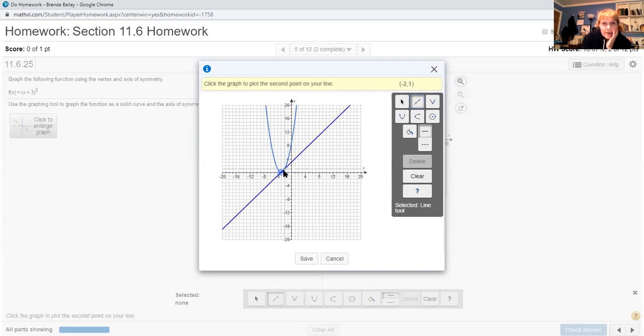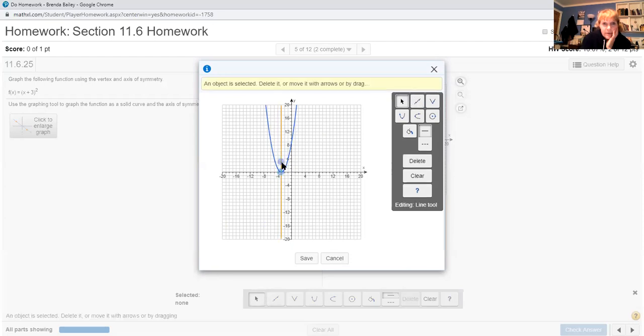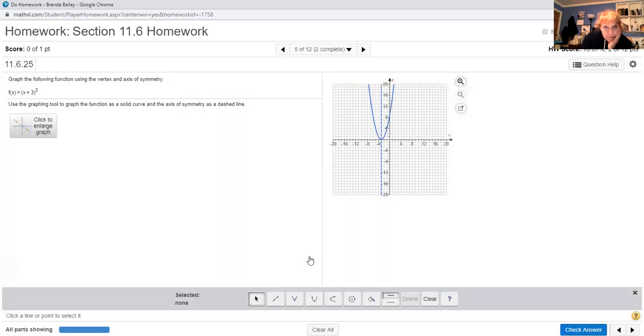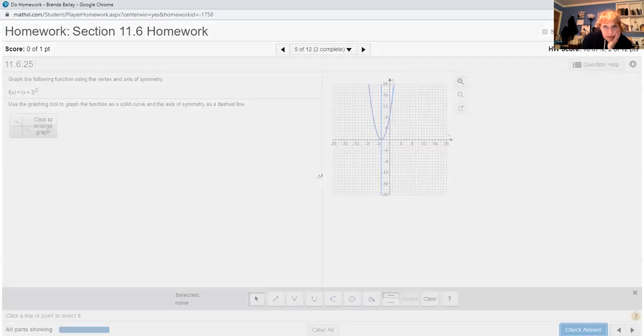And it's a vertical line, so go straight up to any point that goes straight up. Now, the axis of symmetry is a dashed line. So you can either push this before or just after. Just make sure you make it a dashed vertical line. And then we'll save it. There's our graph right there. And we check it. Okay, great.